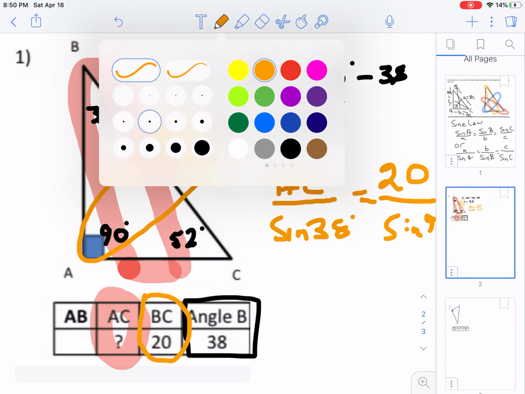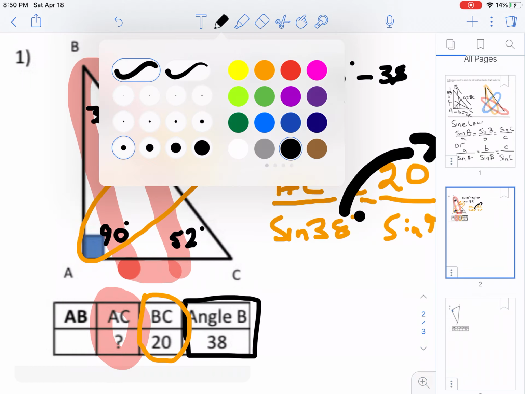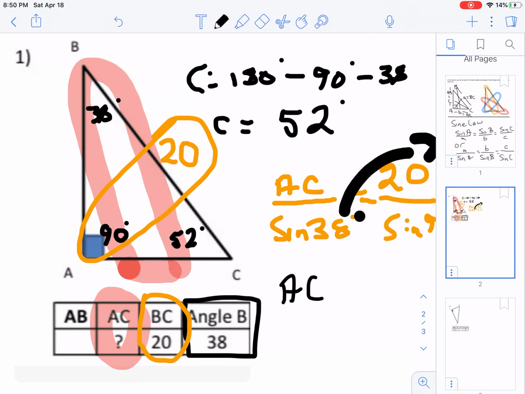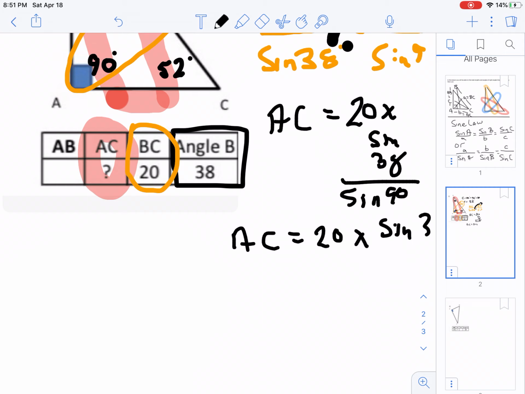The easiest way, for me at least, to solve these equations is to move this to the other side so that I see AC equals 20 times sine 38 divided by sine 90.